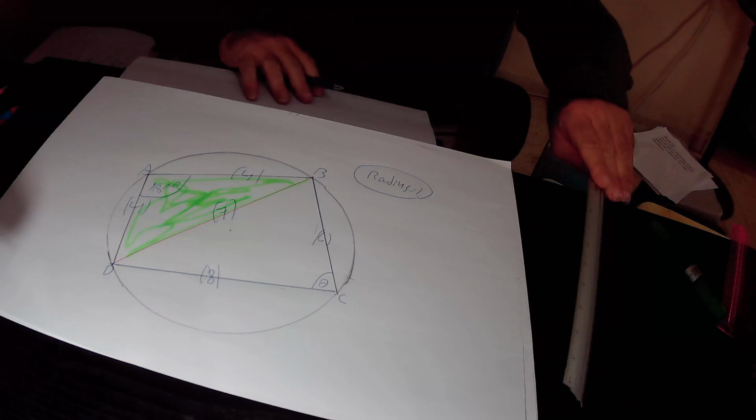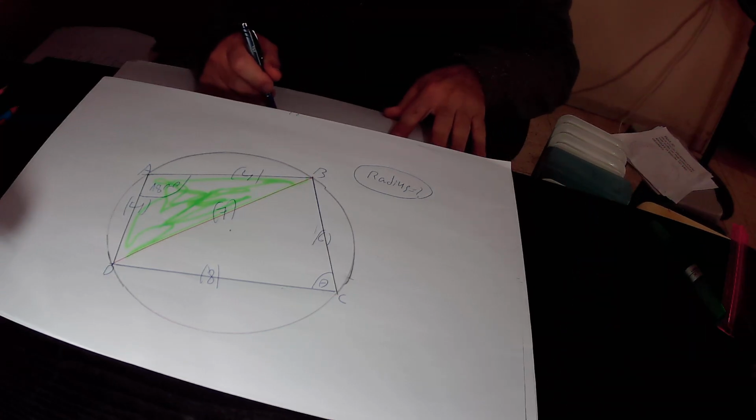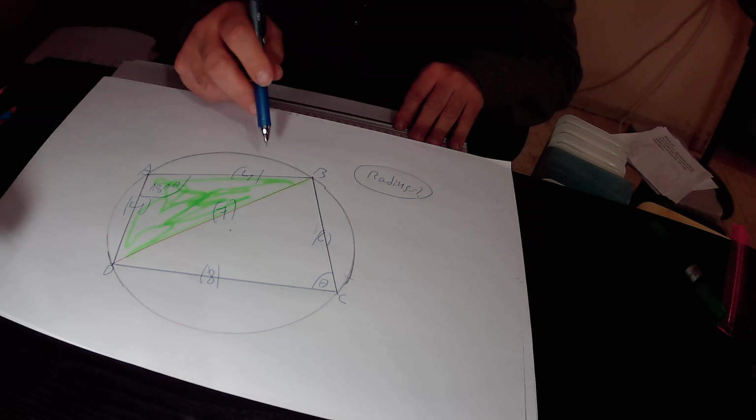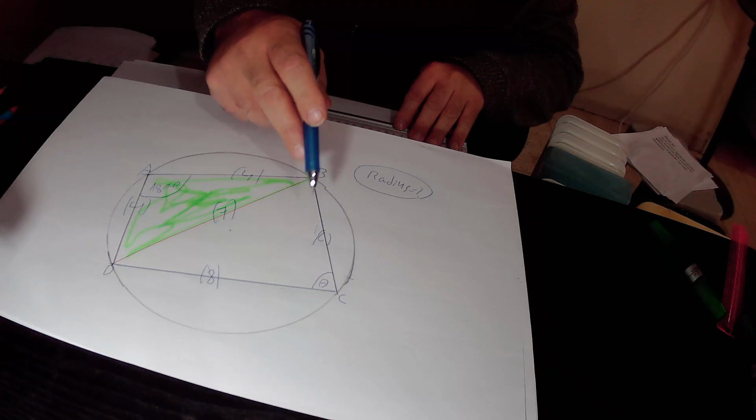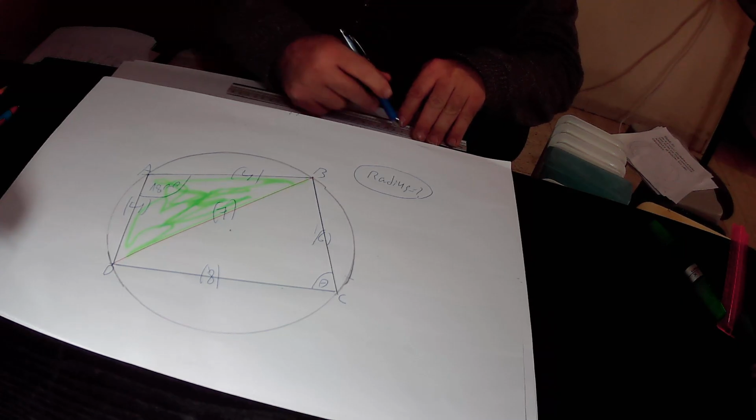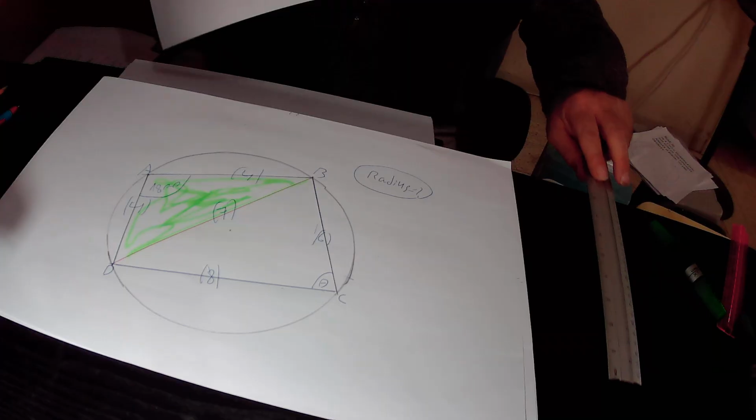BD is 7, over sine theta. Sine theta is 0.847. So 7 over 0.847 equals 2R.